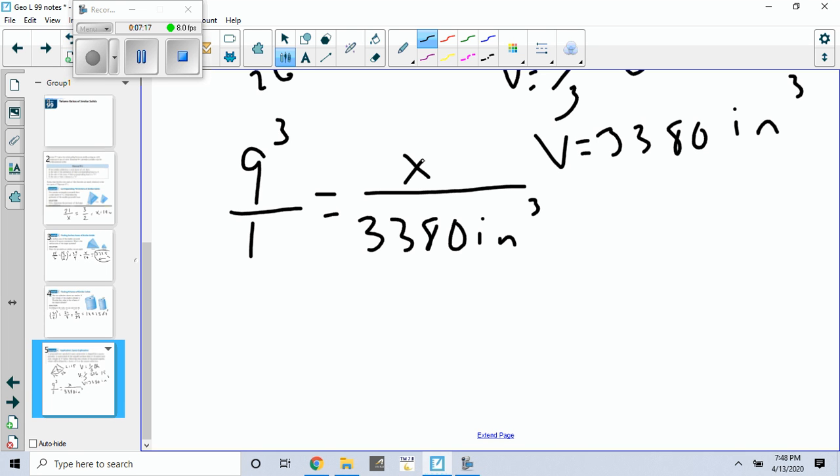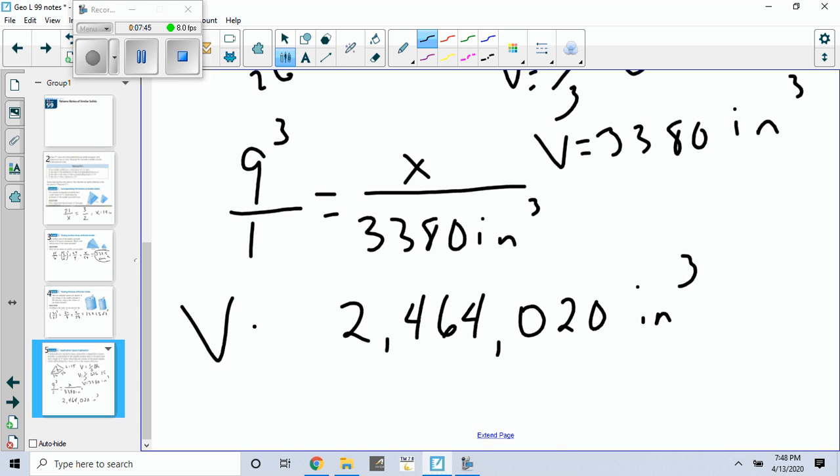So let's go ahead and calculate that. When you calculate that, you do 27 times 3,380 divided by 1 if we use the bow tie method. And that would give us a volume of 2,464,020. And this is inches cubed. This is of the actual capsule.